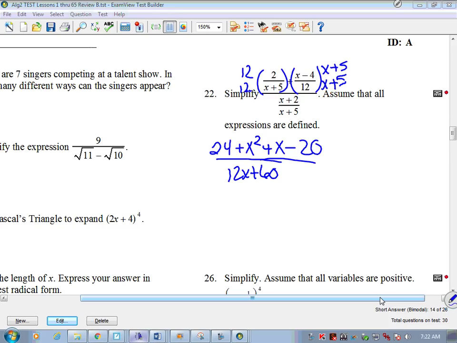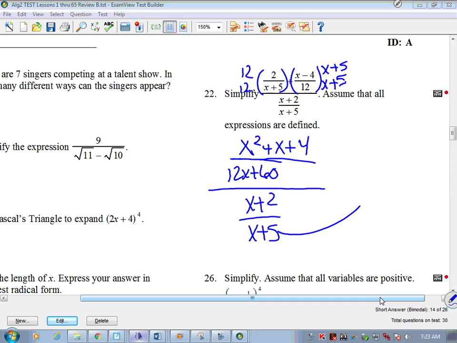And I've got 24 and minus 20, so it should leave me with a positive 4. So it should wind up with something like this. x squared plus x plus 4 over 12x plus 60 divided by x plus 2 over x plus 5.